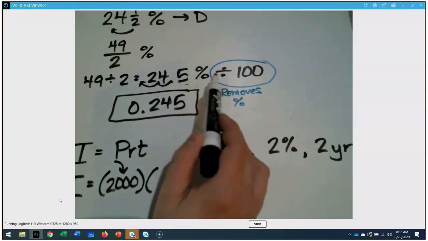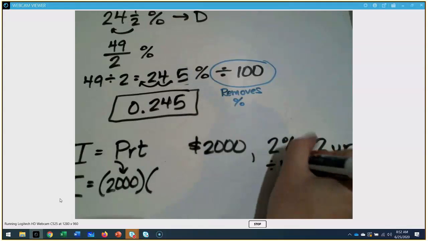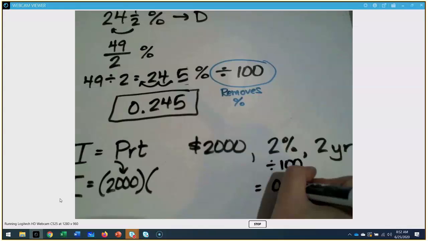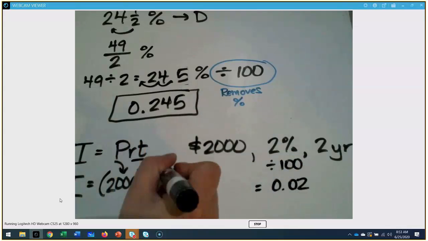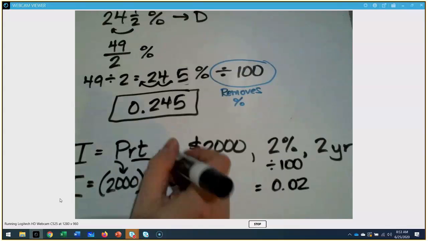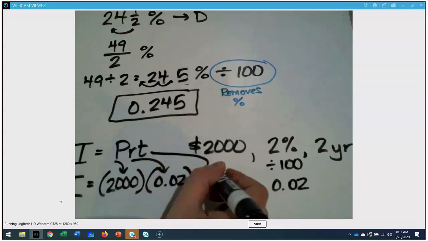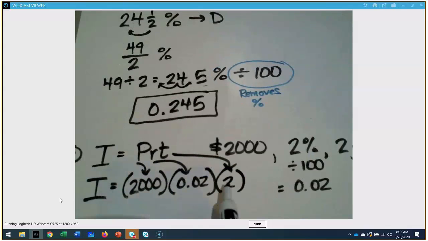Just divide it by 100. Here's your decimal form, and that's what gets plugged in. And then that needs to be times the time, which is 2. Okay, so just plug it all in like that and multiply it all together.